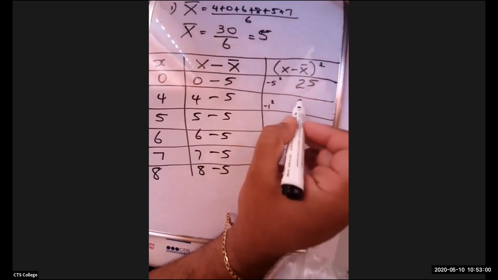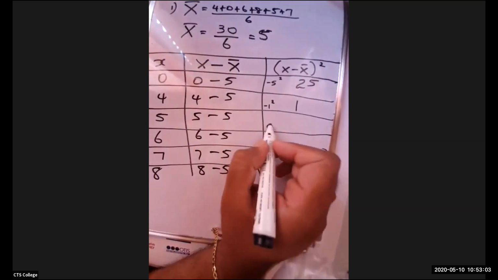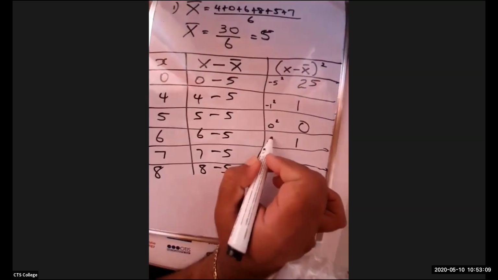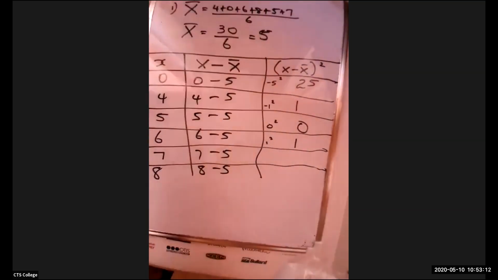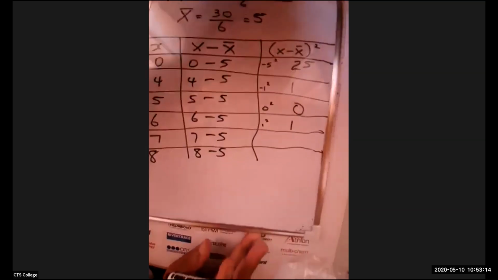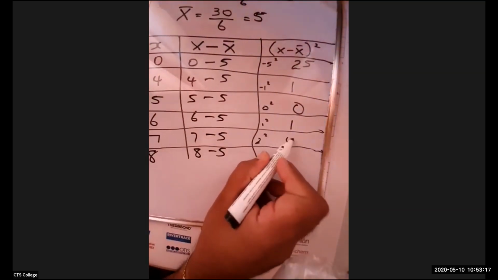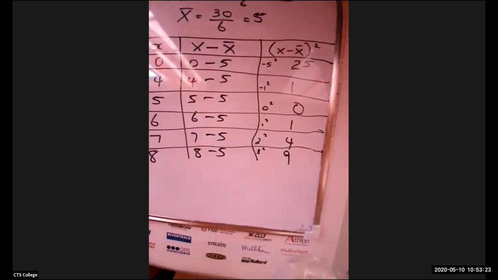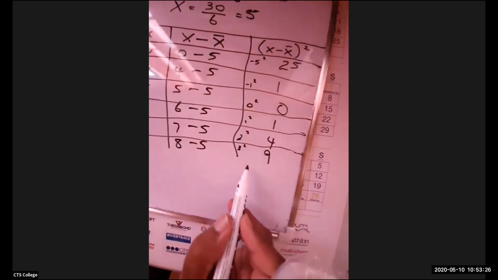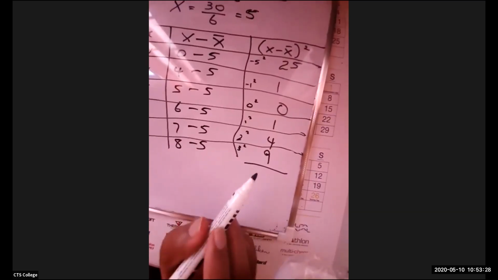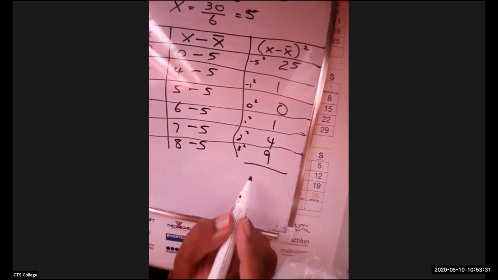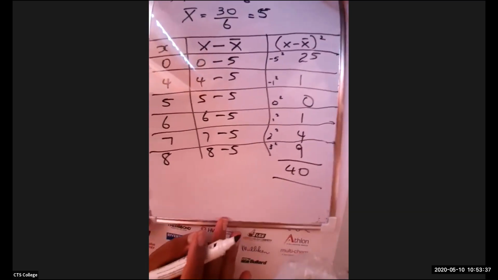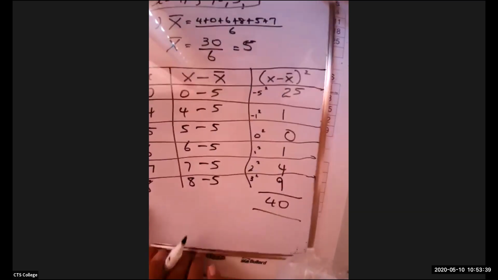So -1 squared is +1. 5 take away 5 is 0, 0 squared is obviously 0. 6 take away 5 is 1, 1 squared is 1. 7 take away 5 is 2, so 2 squared is 4. 8 take away 5 is 3. 3 squared is 9. And of course, if we add up all of this, 25 and 9 plus 4 plus 2 is 40. And that's it. Any questions there?